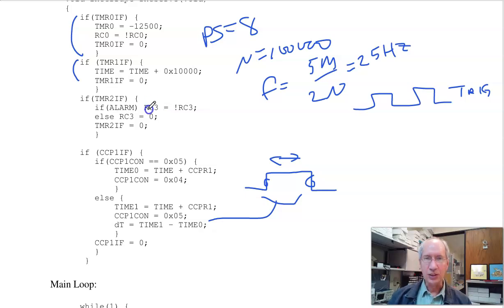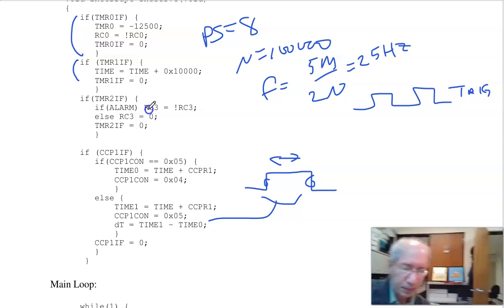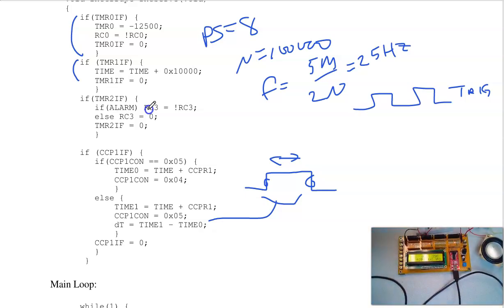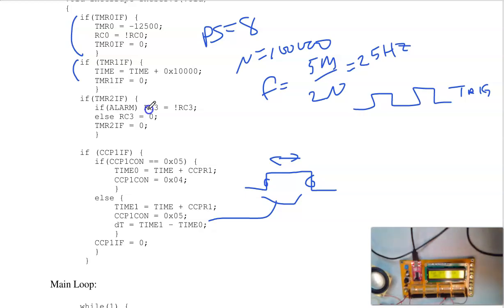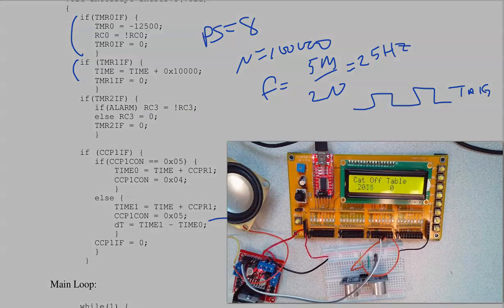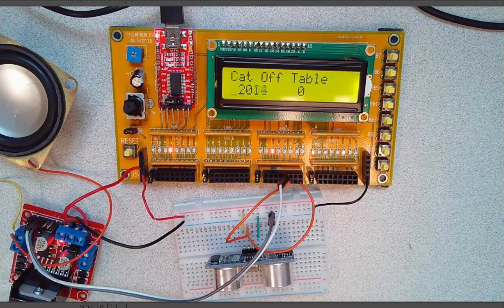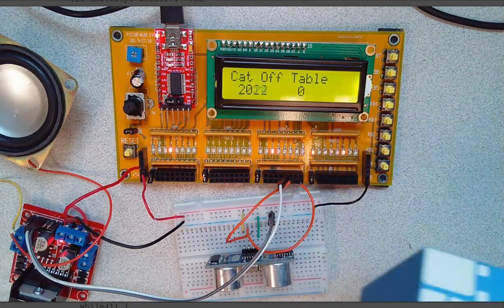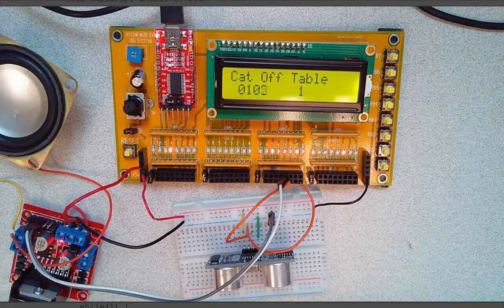So here's kind of what it looks like. This is showing off the distance in millimeters to an object, the alarm. If I take a box, it likes boxes. Move the box away, that's the distance to the box in millimeters.